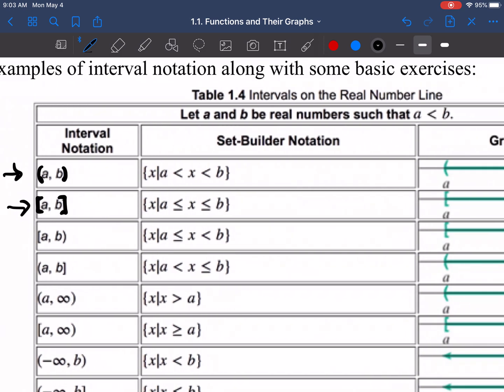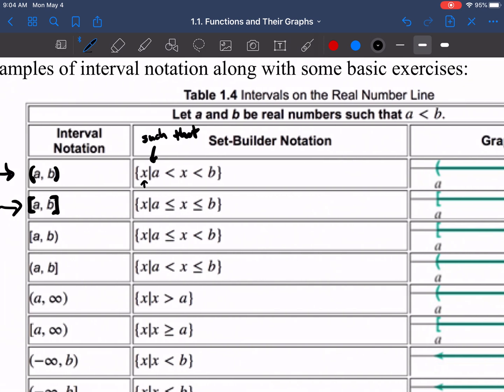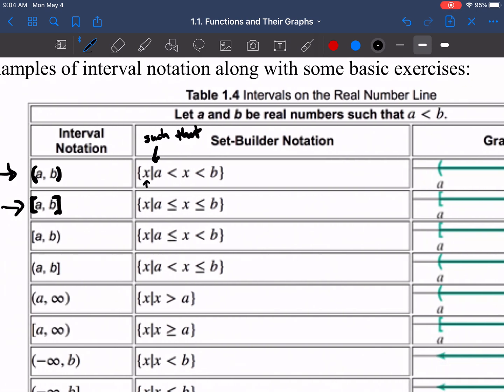You can also write this in set builder notation, where you're basically saying x is in, so this is our variable we're looking at, a set of x's such that, that's what that vertical line is, such that x is greater than a and less than b. And that's this right here. Whereas the second one is x such that x is greater than or equal to a, that's the bracket that means inclusive, or x is less than or equal to b, again the bracket.